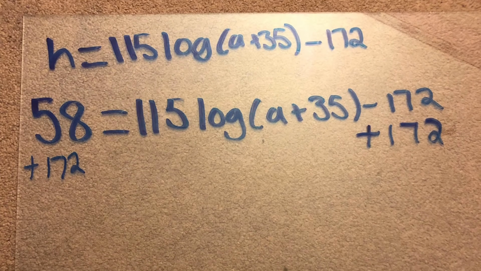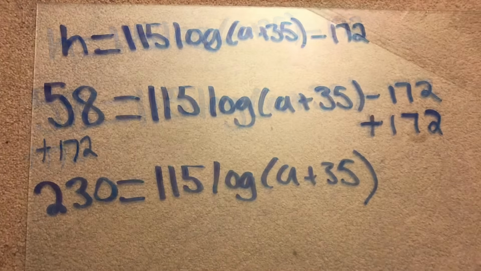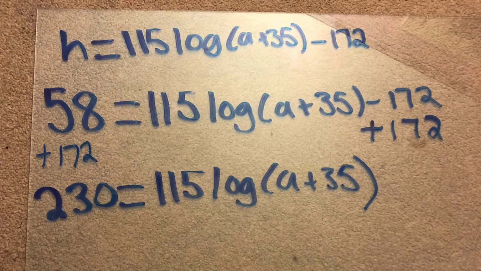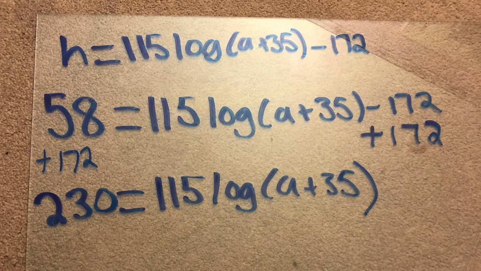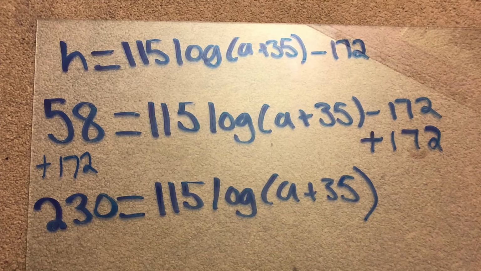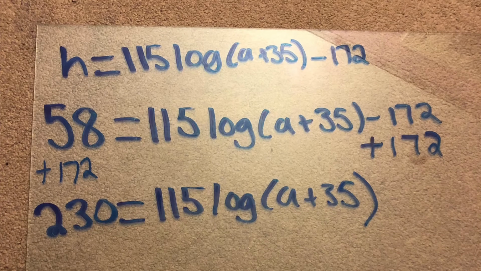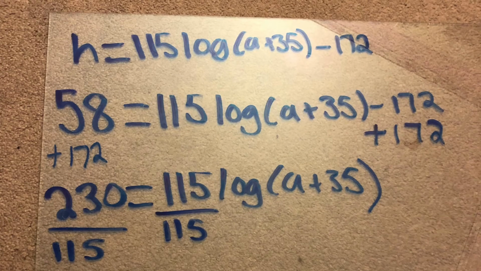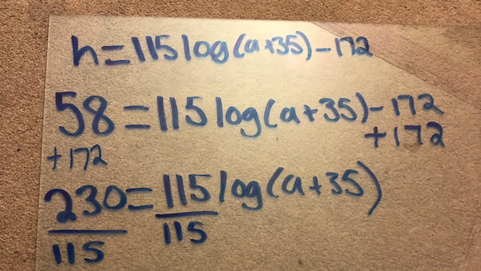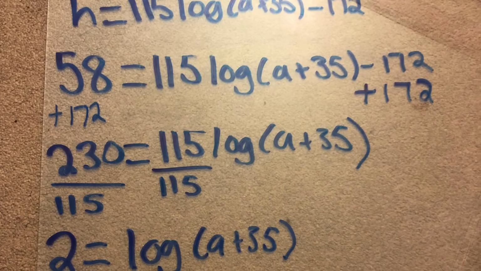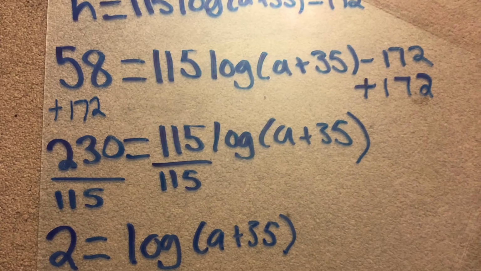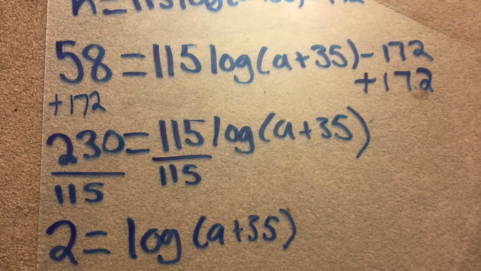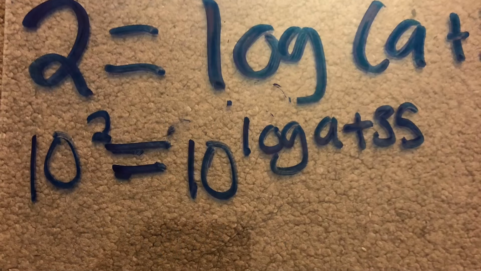Next, you want to add 172 to both sides, and then you get 230 equals 115 log A plus 35. Then you want to divide 115 off of both sides, and you get 2 equals log A plus 35.